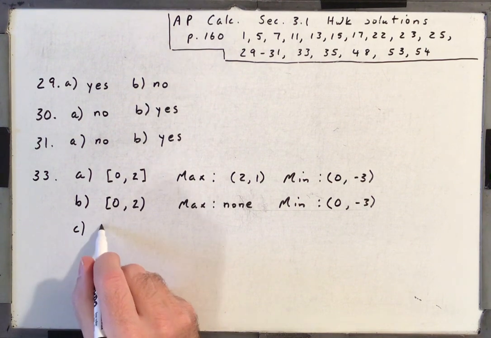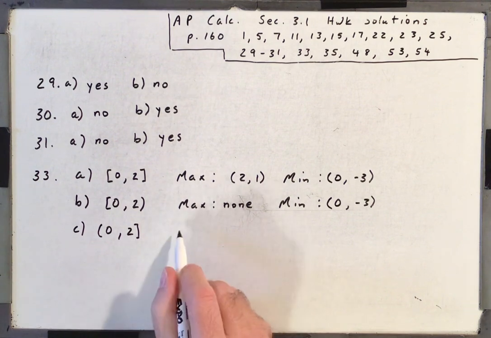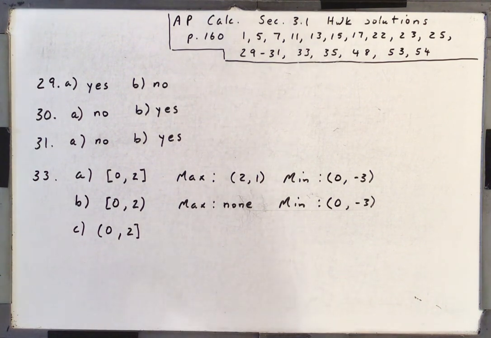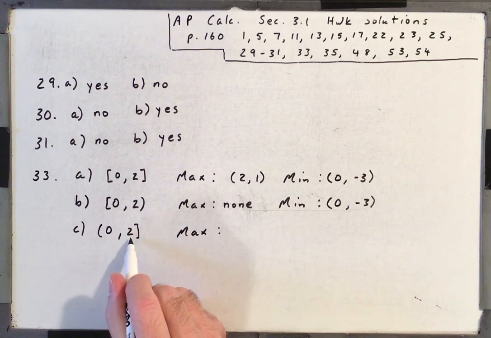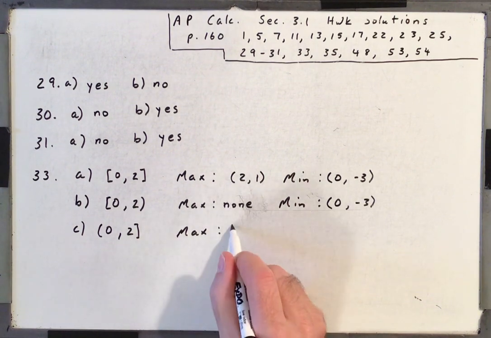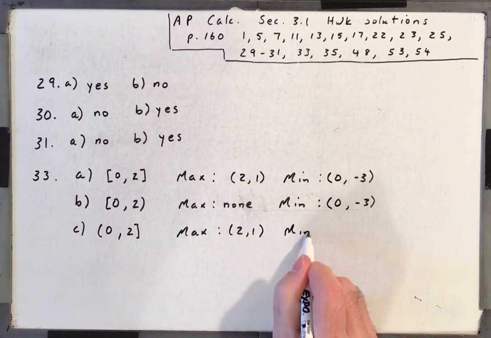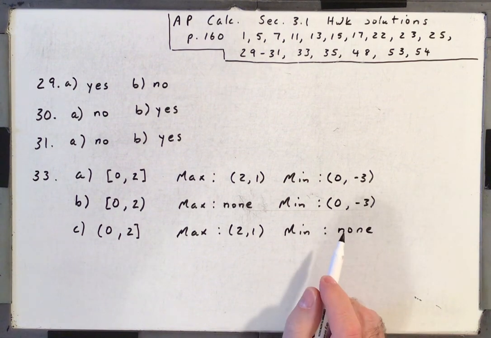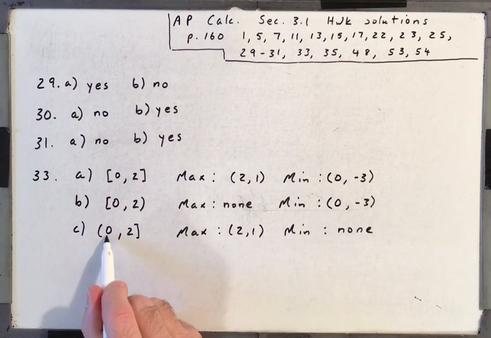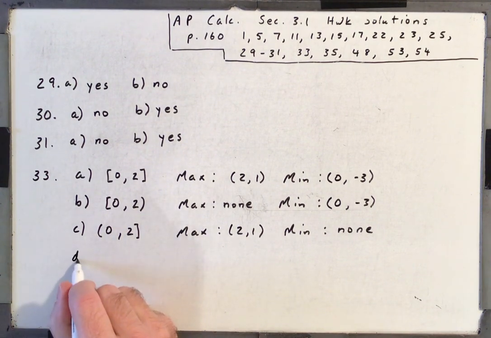All right, in part C, the 0 is against a parenthesis, and the 2 is enclosed by a bracket. So this is going to be the reverse. We have a max because we get to count the 2 at (2, 1). But we don't have a minimum, because the minimum occurs when x is 0, and that we don't get to count because it's up against a parenthesis, not a bracket.